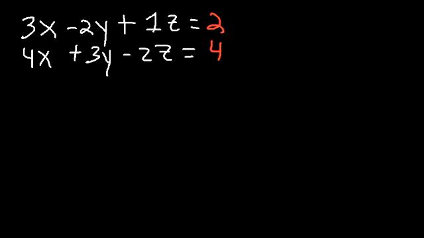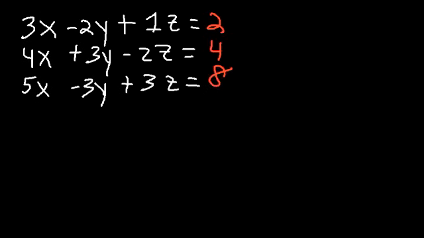And finally, 5x minus 3y plus 3z is equal to 8. So let's find d, dx, dy, and dz. Let's start with d.